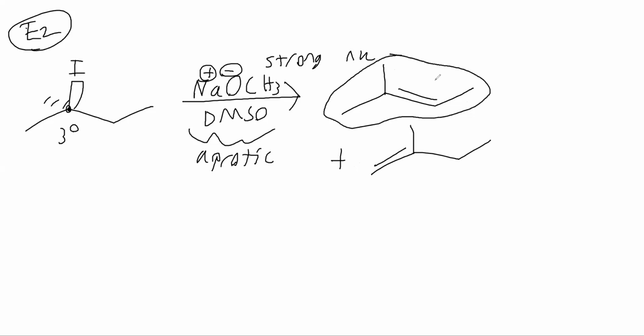They look pretty similar, but this one has 3 substituents versus this being di-substituted, so that has more substituents, so it's going to be the major product. Like I always say, stop me if you have a question, but otherwise I'll assume it's making sense.